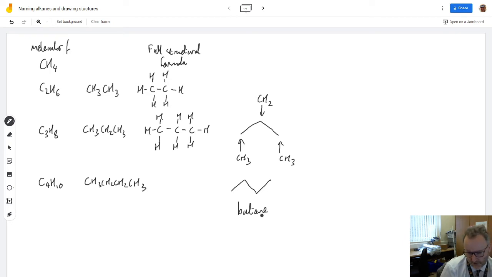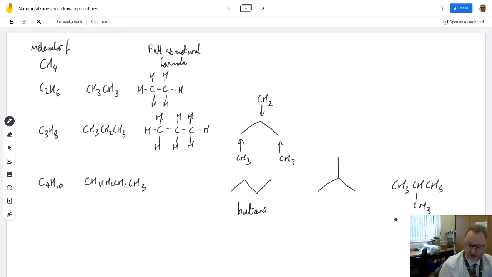But of course, once we've got 4 carbon atoms, we have a choice about how we could arrange those carbon atoms. So we get this one here, or if we drew that in a shortened structural formula, you'd draw it like this. Notice the middle carbon only has 1 hydrogen on now, but it's bonded to 3 carbons.